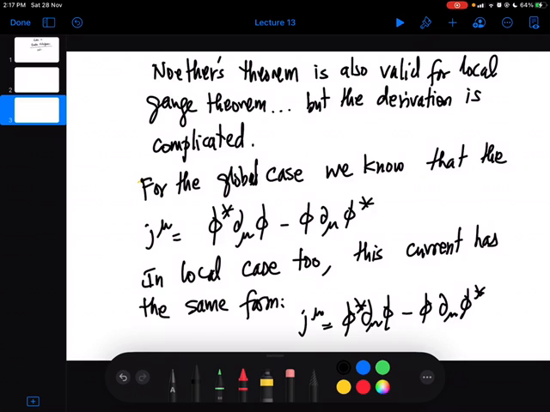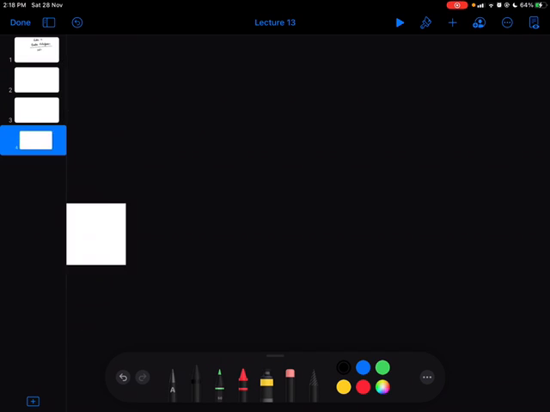So what happens is this J mu, this current, now acts as some sort of a source. The equation of continuity is not exactly the same form as in the earlier case. So this current acts as a source for the generation of the photon field.